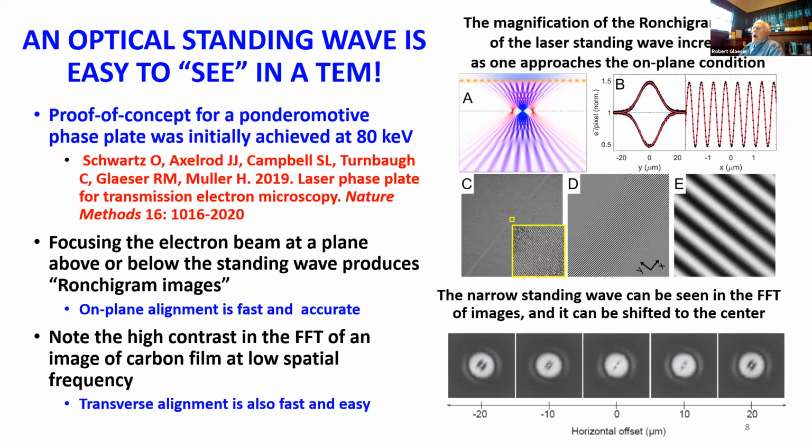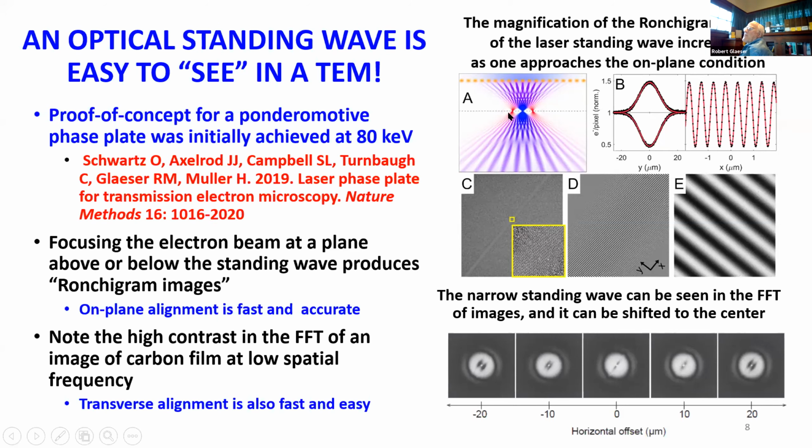Now, how do you see light by using electrons? The answer is to use a Ronchigram. STEM people will be very familiar with this. For the rest of us, I'll just explain that if the electron beam is focused either above or below an object, here we have a laser standing wave represented in panel A as the yellow beads.